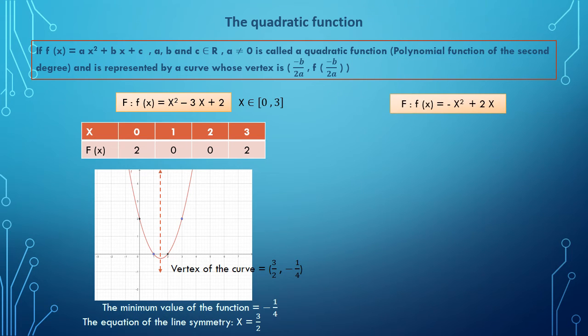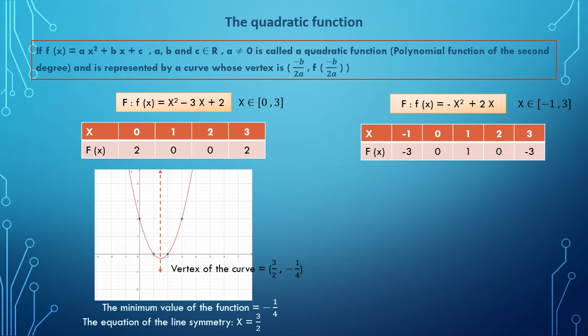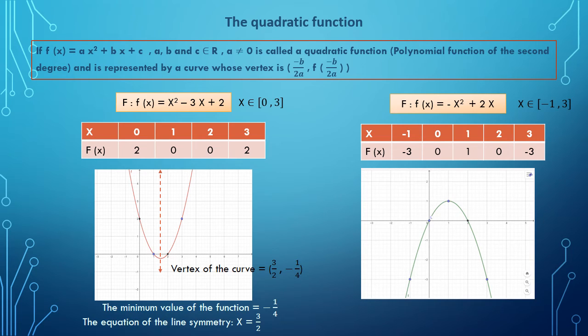The other function will be negative x to the power 2 plus 2x. So we have the interval from -1 to 3, so we make this interval in the table by substituting in this function, then plotting these points in the curve, and make another curve, but here we will have the maximum value.